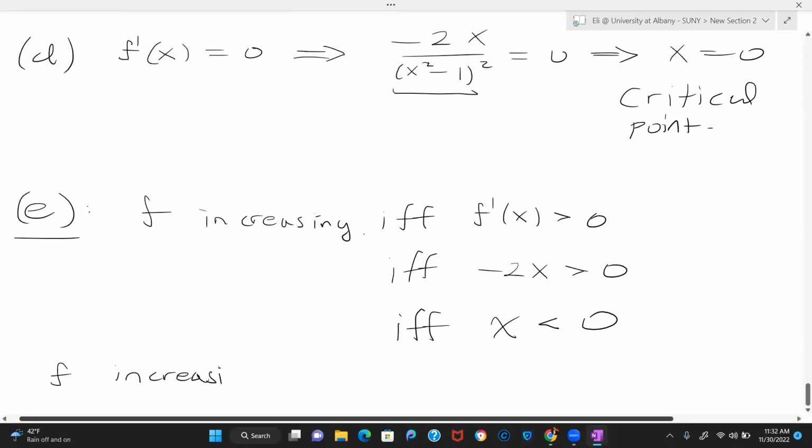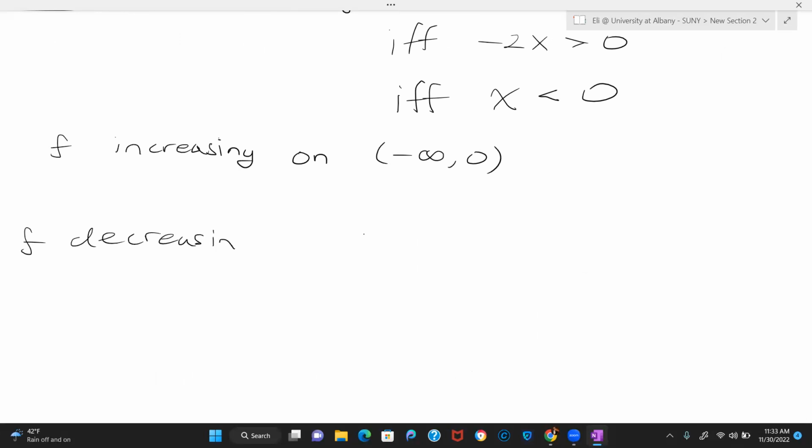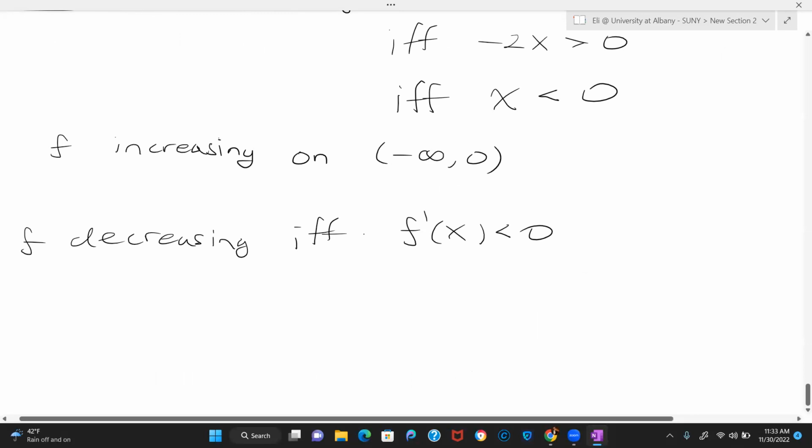So what this tells you is that f is increasing on the interval -infinity to 0. All right, so that's increasing. What about decreasing? f is decreasing if and only if the derivative is negative. I guess this is technically not necessary, you just take the complement of this interval, but it doesn't hurt to write it out.